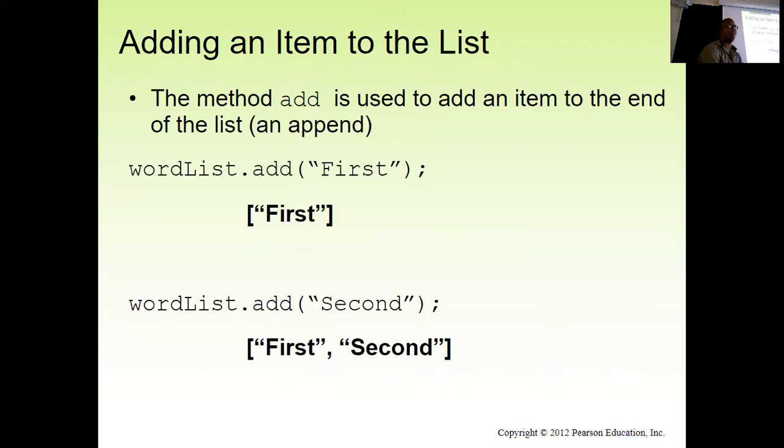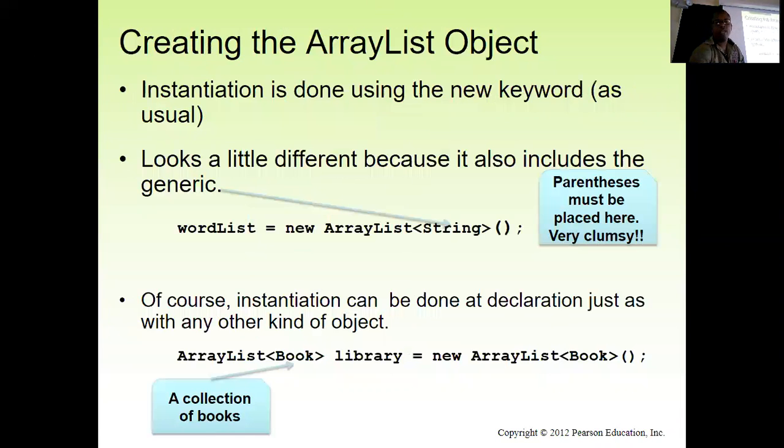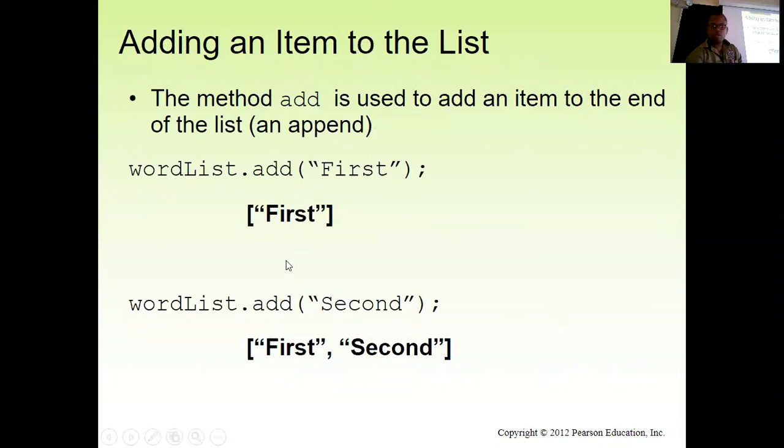So once we have an ArrayList that we created here, word list, we can now say wordList and use the add function with the dot operator, of course, and then we pass in an object of the type.